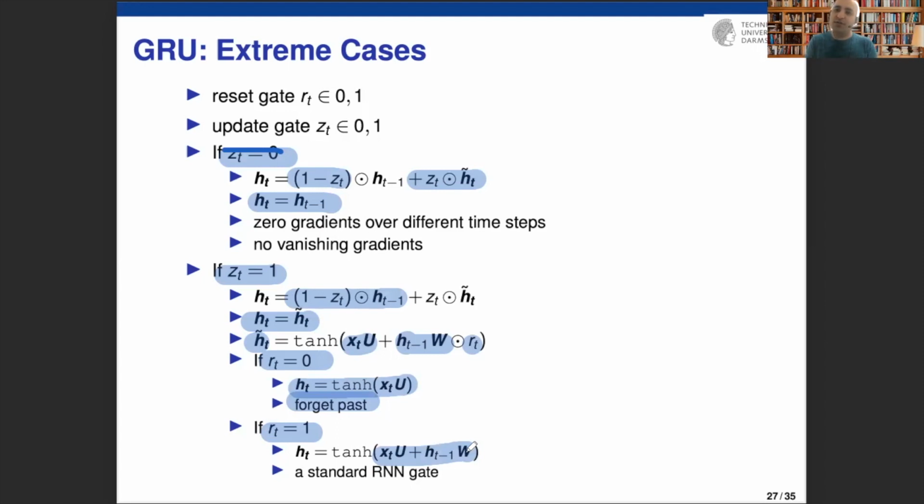When you use GRUs, the model learns automatically which steps are important to be used for computing the memories, and which steps can be ignored to avoid vanishing and exploding gradient issues.